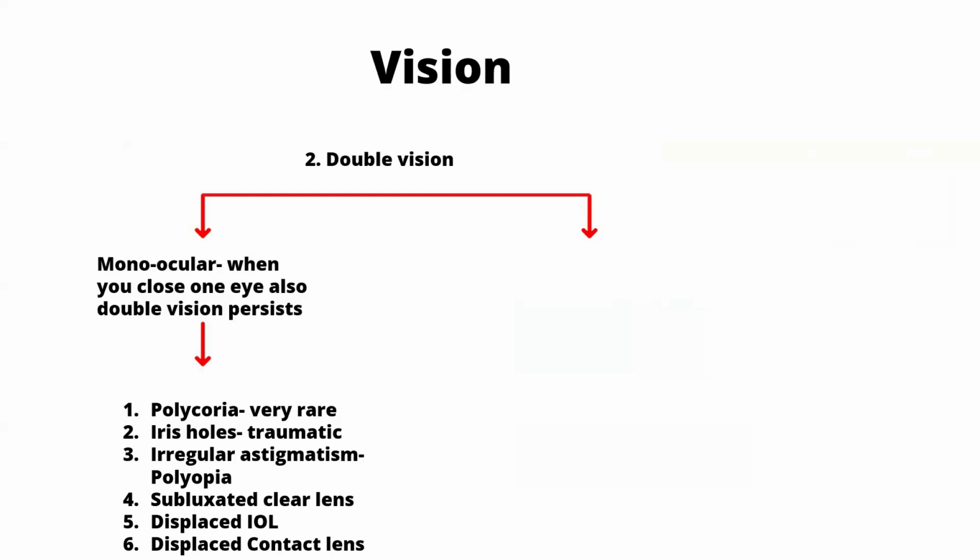Irregular astigmatism, like in keratoconus because of the cornea, or irregular astigmatism happening in the lens, like in a senile immature cataract or incipient stage, they can present with polyopia. Subluxated clear lens, like in ectopia lentis, like in Marfan syndrome. Displaced IOL or displaced contact lens can also present with monocular double vision.